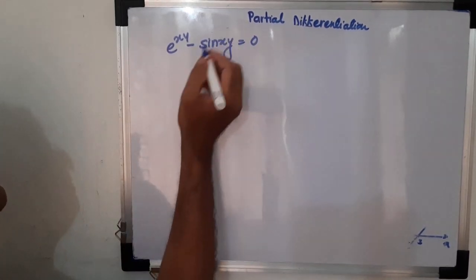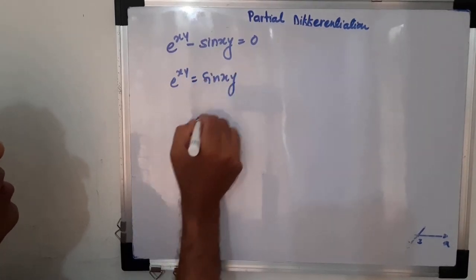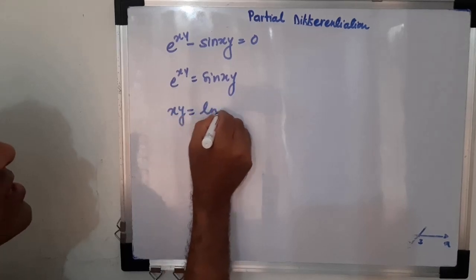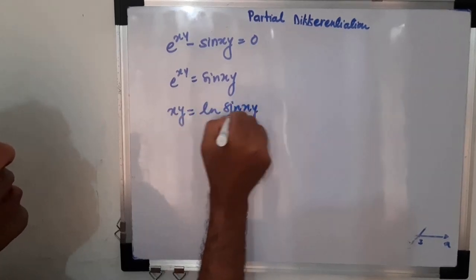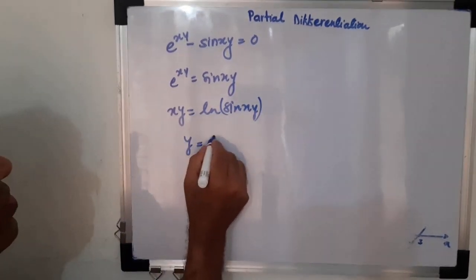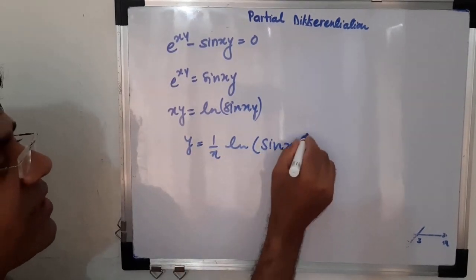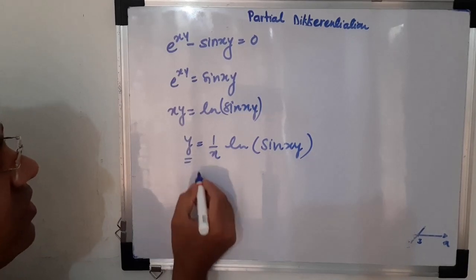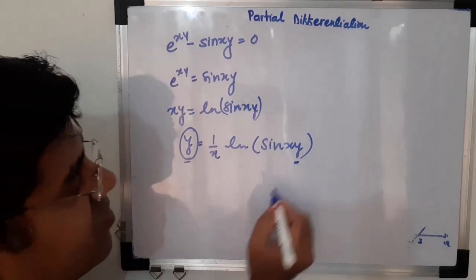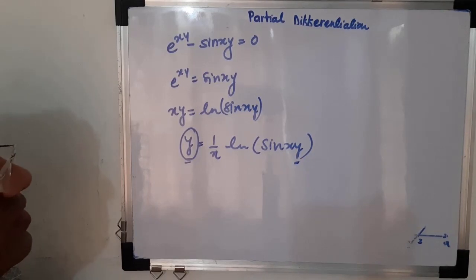We can take e raised to xy equal to sine of xy, and if you take ln of both sides, then y equals 1 by x ln of sine of xy. But here y is present on the left side, and y is again present on the right side, so you can't write y as a function of x.